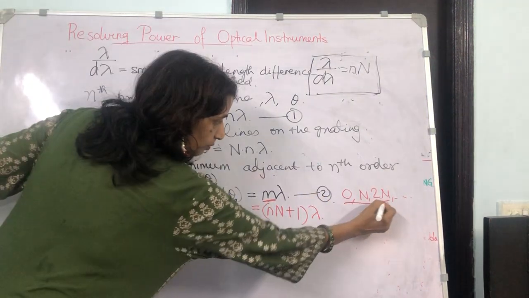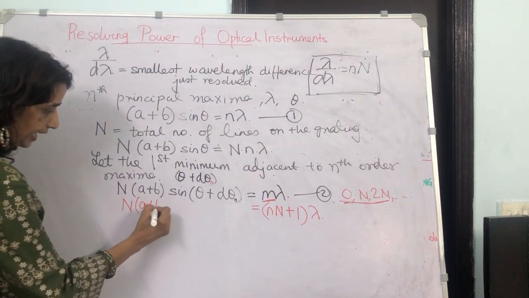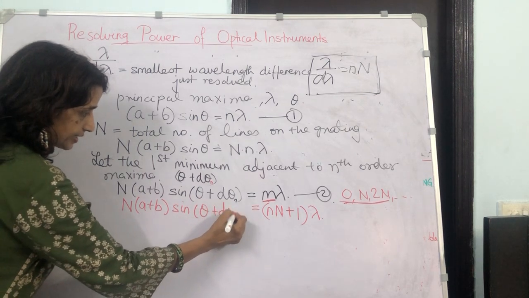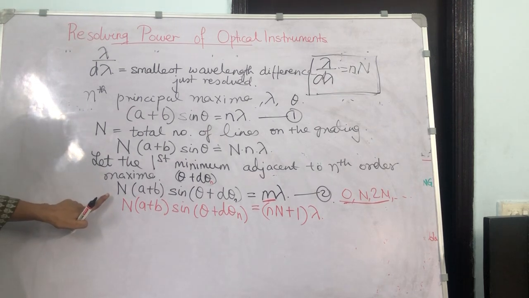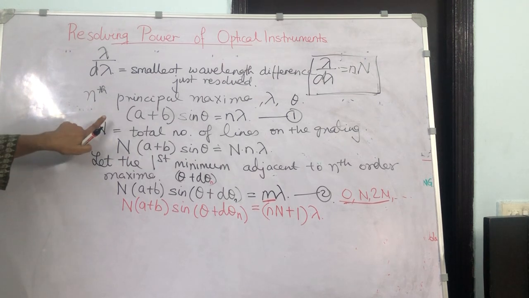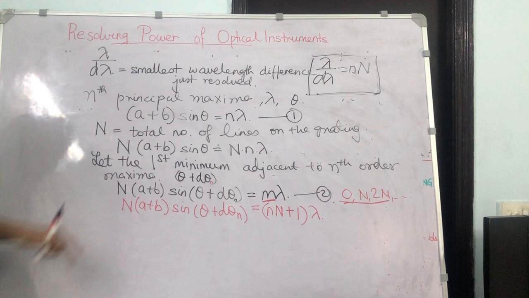It is not possible on these values. So this equation becomes N into (a plus b) sine theta plus d theta n is equal to this much. This is the value of m. Now our equation becomes this, and one equation is this.